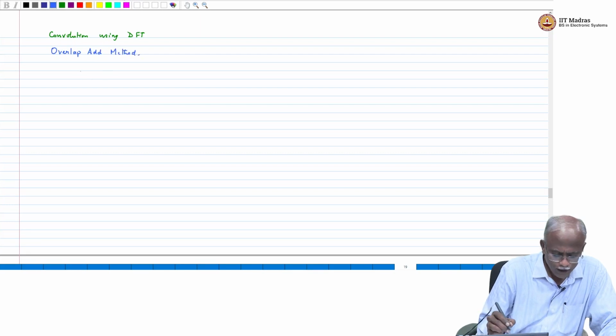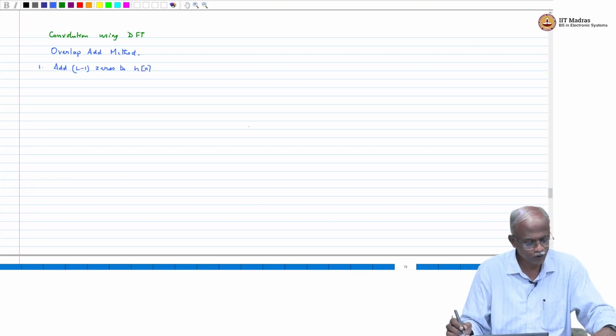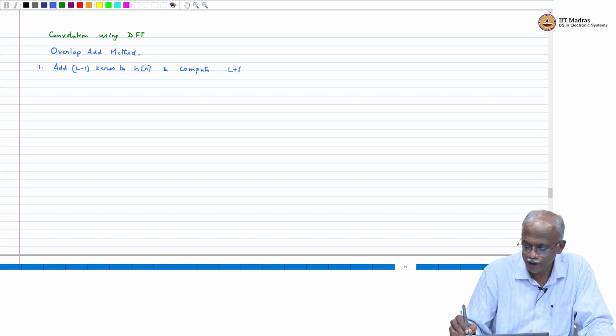Okay. Step 1, add L minus 1 zeros to h of n. That's the impulse response coefficients, and compute L plus P minus 1 point DFT.